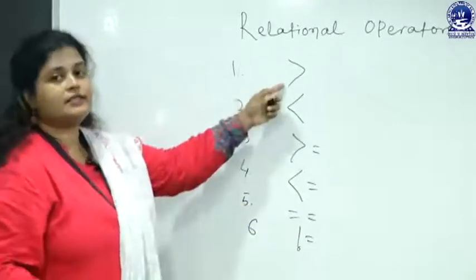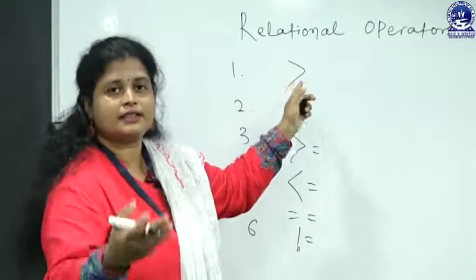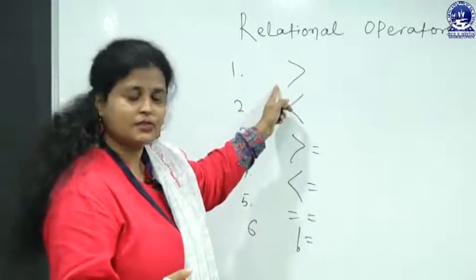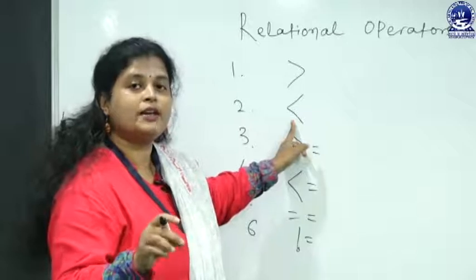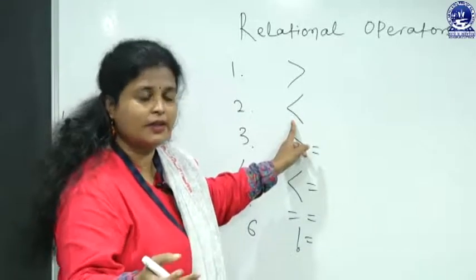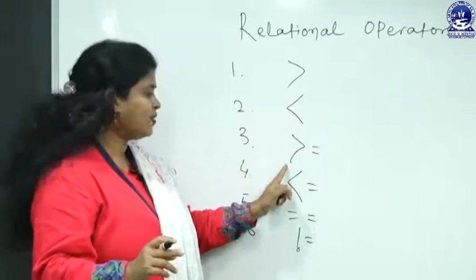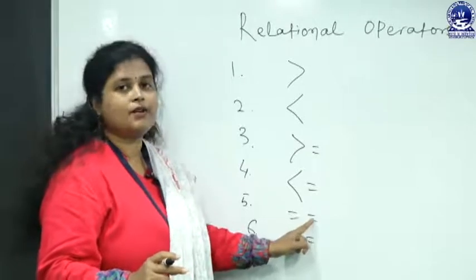Greater than: when you are checking two values, whether the first value is greater than the second value, then the greater than symbol is used. And less than: when you want to check which value is less than the other value, the less than symbol is used. In a similar fashion, greater than equal to, less than equal to, and equal to, which is a double equal to symbol.